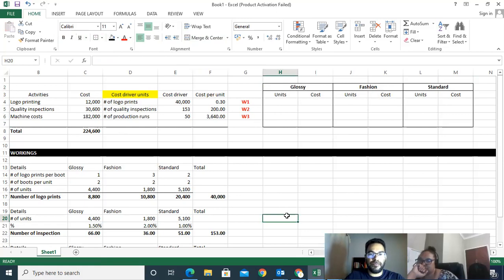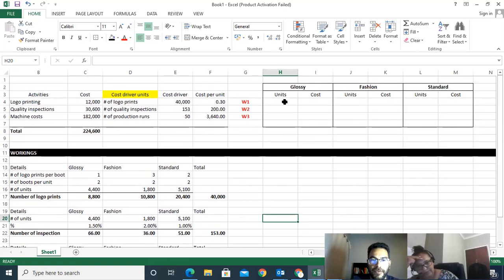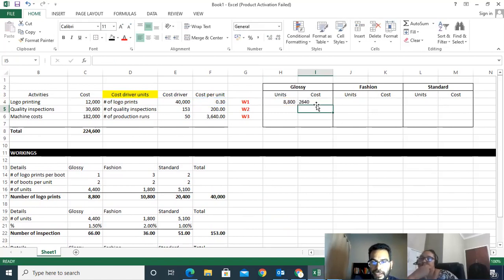Now you can simply go and fetch the units from your calculation. So the units for glossy under logo print is 8,800. So its cost of logo prints would be 30 cents, the cost per unit, multiplied by 8,800.